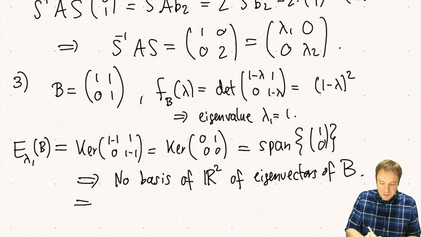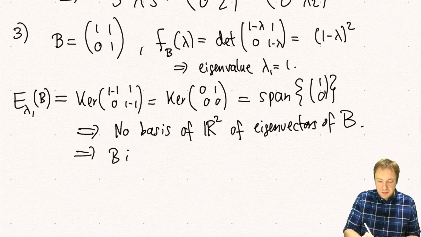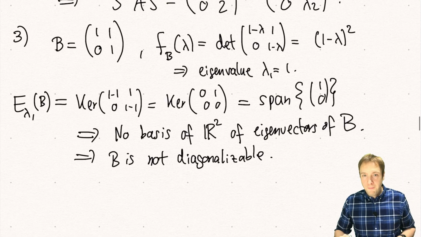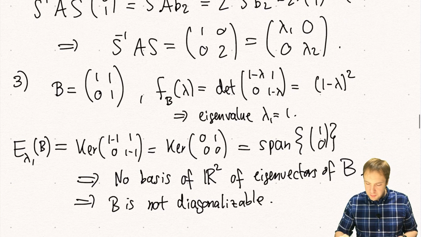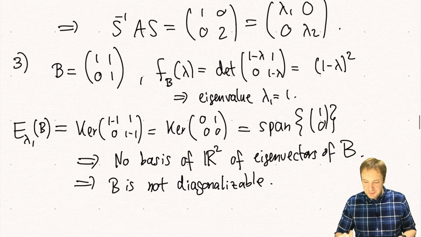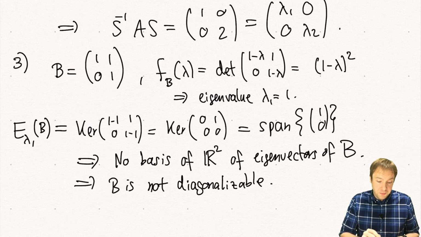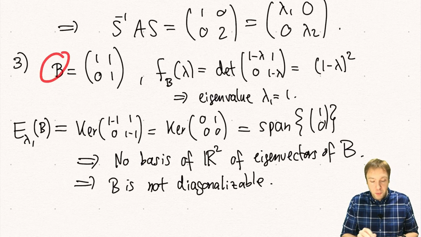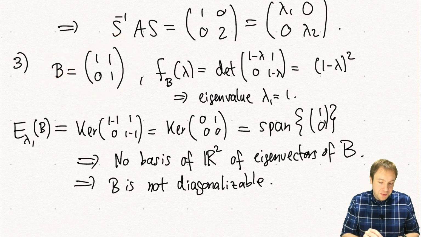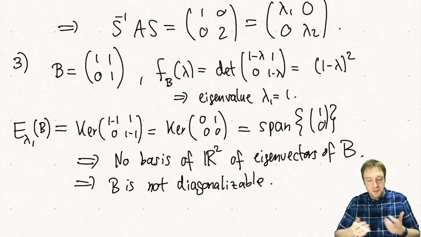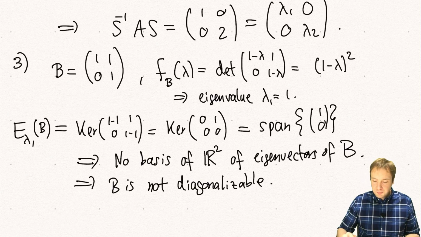And therefore, this B is not diagonalizable. Okay, so we see that there are some examples where this trick doesn't work, and therefore if you want to, for example, compute the nth power of this, well, in this example it's easy, but in general, if your matrix is not diagonalizable, then maybe it's not so easy to work with these matrices.